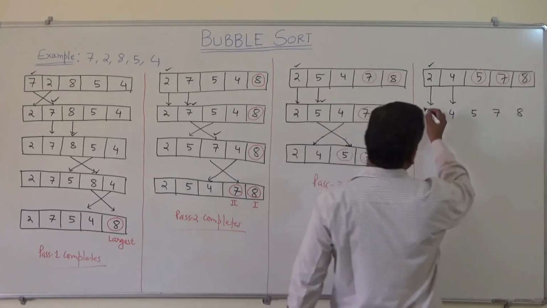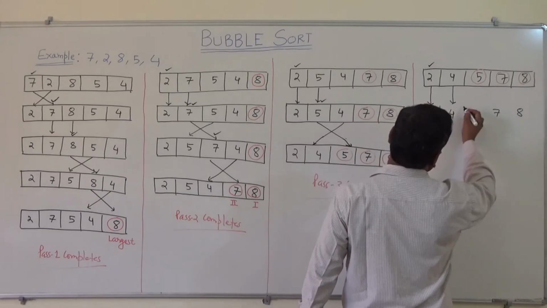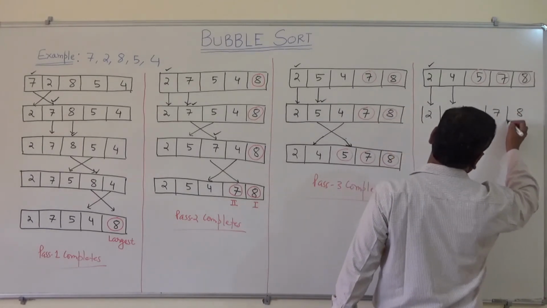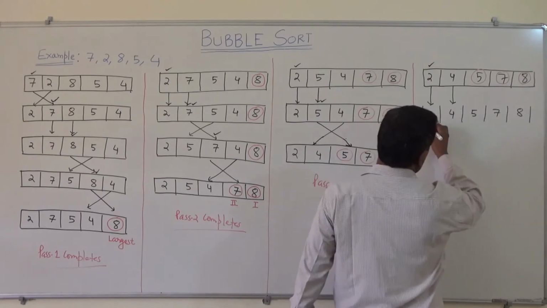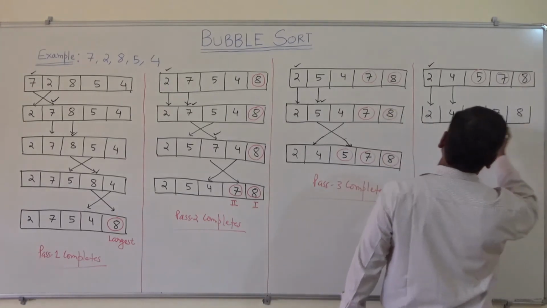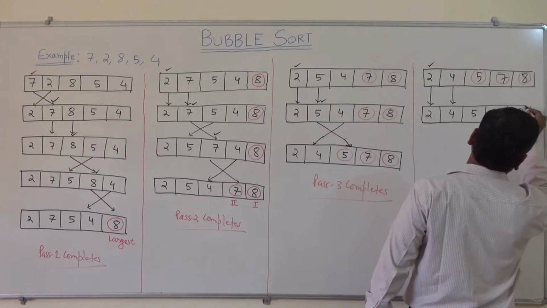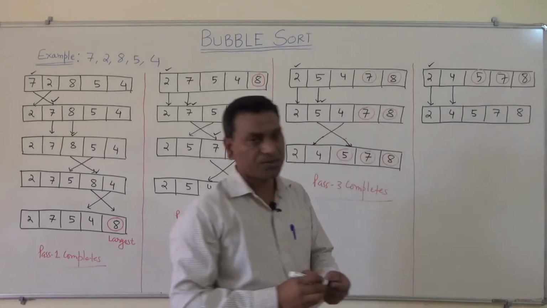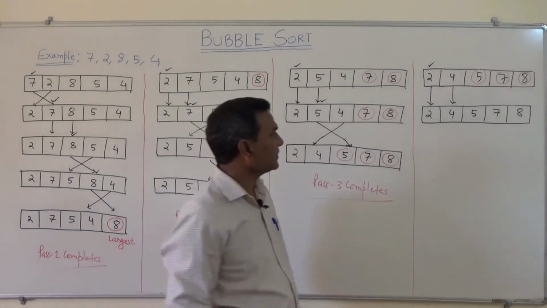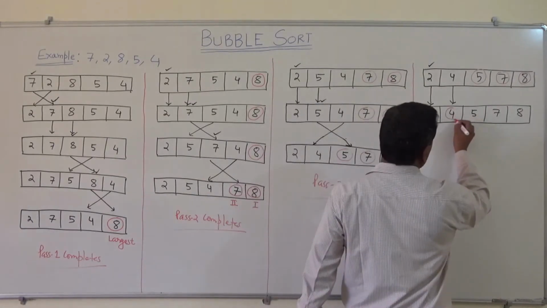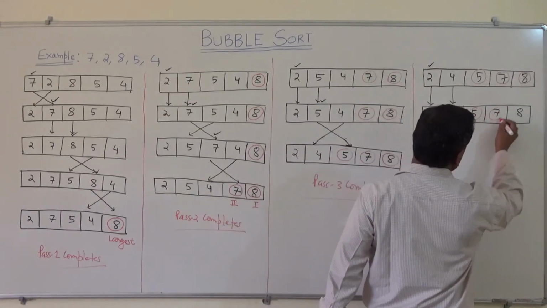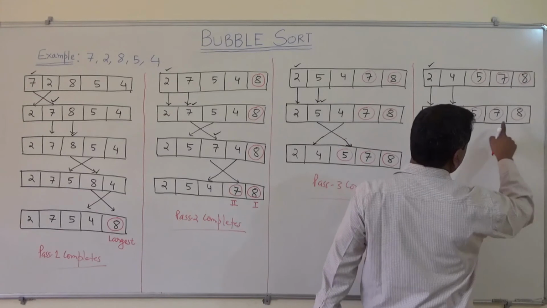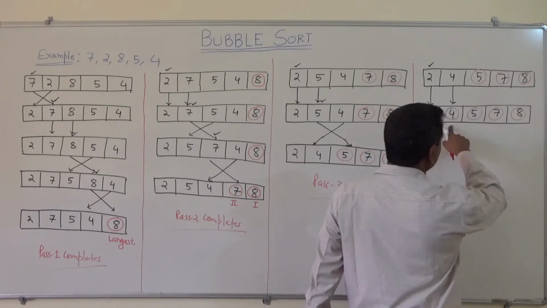In this way, 4 is the fourth largest element, and this is also at its final position. So we can say now 4 elements are sorted, because this is the fourth largest, this is the first largest, second largest, third and fourth largest.